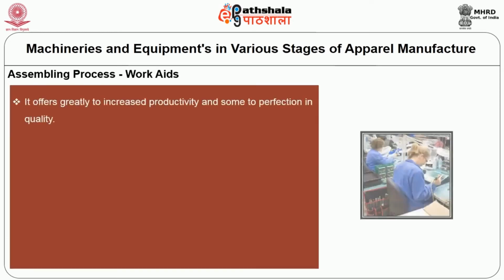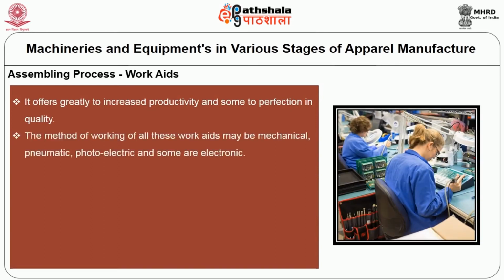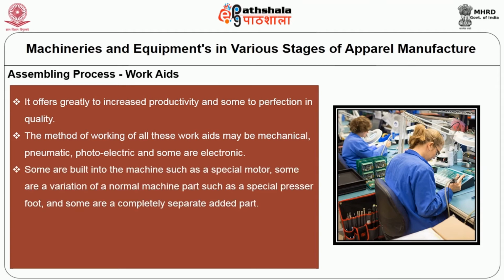Next one is the work aids. The work aids offer greatly to increase productivity and some to perfection and quality. The method of working of all these work aids may be mechanical, pneumatic, photoelectric, and some are electronic. Some are built into the machine, such as special motors.